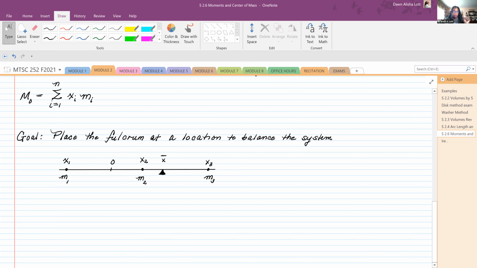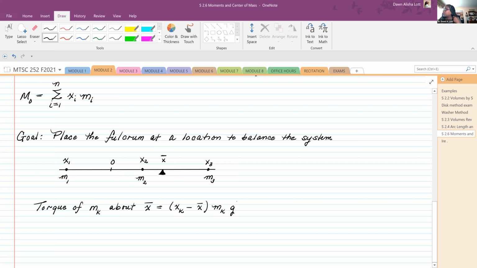All right, so now the torque of each MK about X bar is going to be the distance, XK subtract X bar, multiplied by the mass MK, and then the gravity.